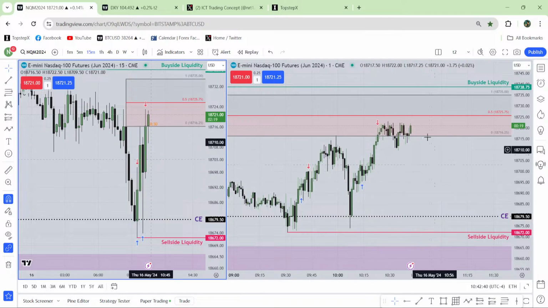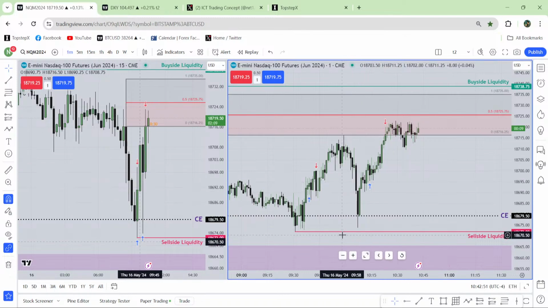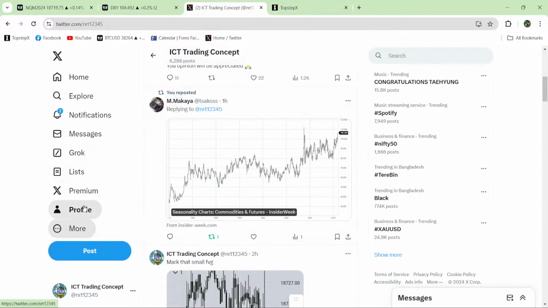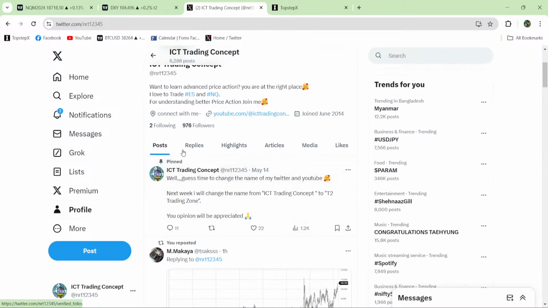All I am trying to do is catch the move depending on the liquidity, the narrative, and my experience. That's all. That's why I said that I'm bullish. I tweeted that a long time ago. By the way, if anyone is interested, you can join me on my Twitter.